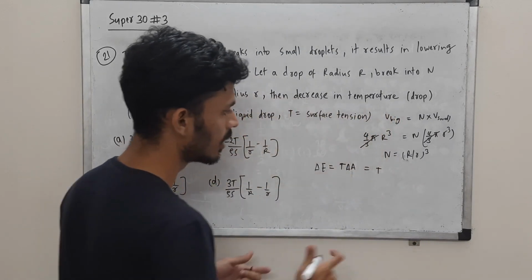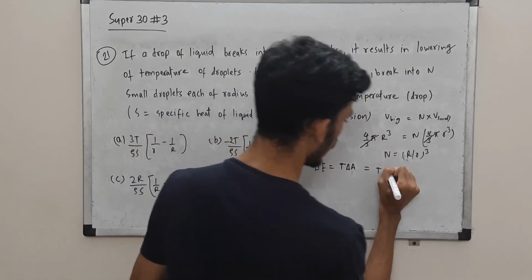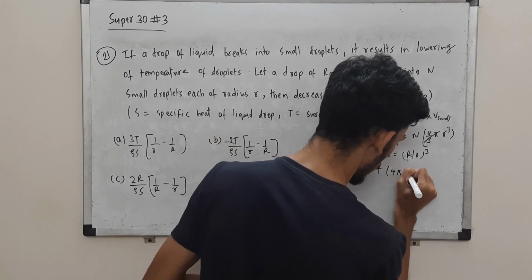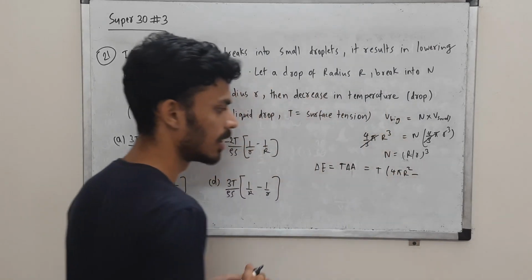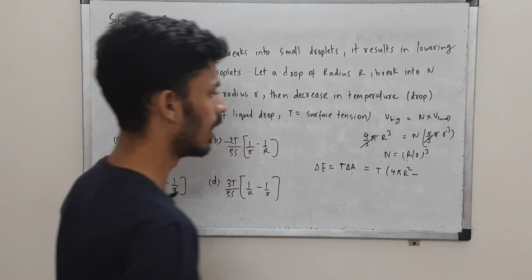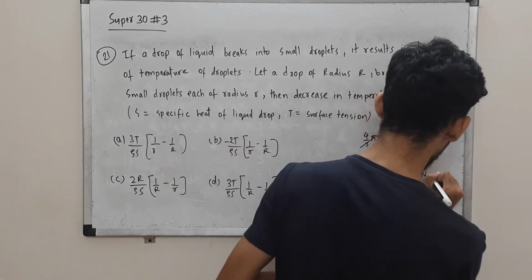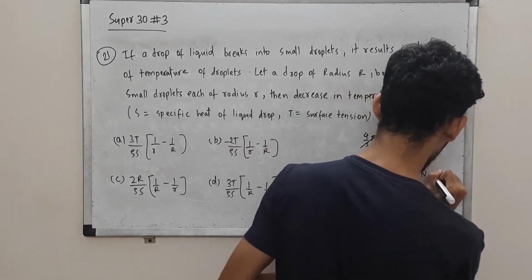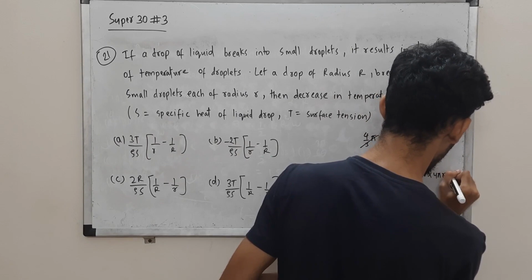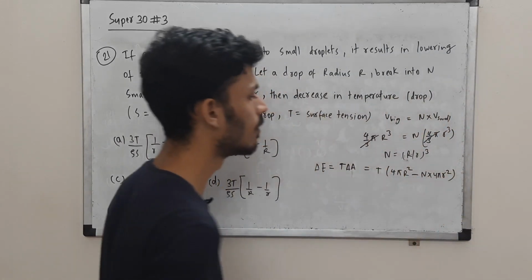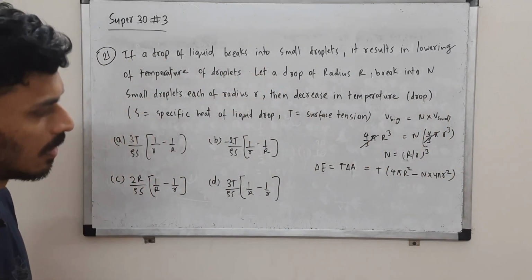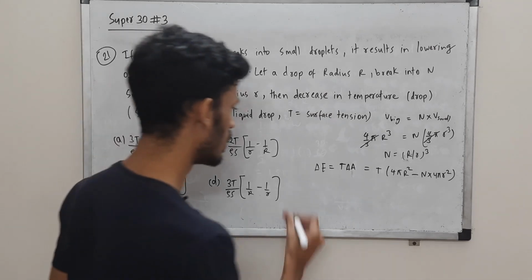Initially the surface area is 4 pi capital R square. This is the initial surface area. In the second case, we have N small droplets of again 4 pi small r square. Here you can substitute for N, but we'll do it later. So this is the surface energy.